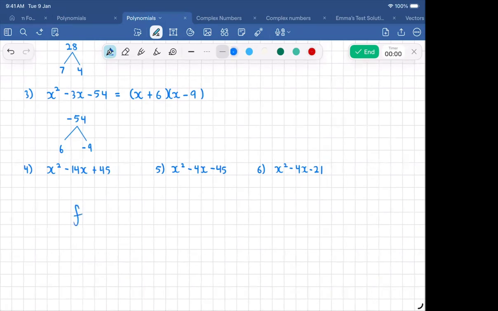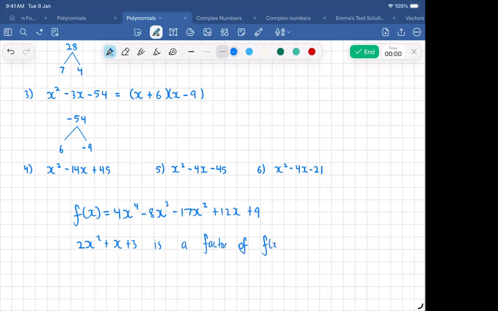If I tell you that f of x is equal to 4x to the power 4 minus 8x to the power 3 minus 17x squared plus 12x plus 9, and I tell you that 2x squared plus x plus 3 is a factor of f of x, find all linear factors if possible.